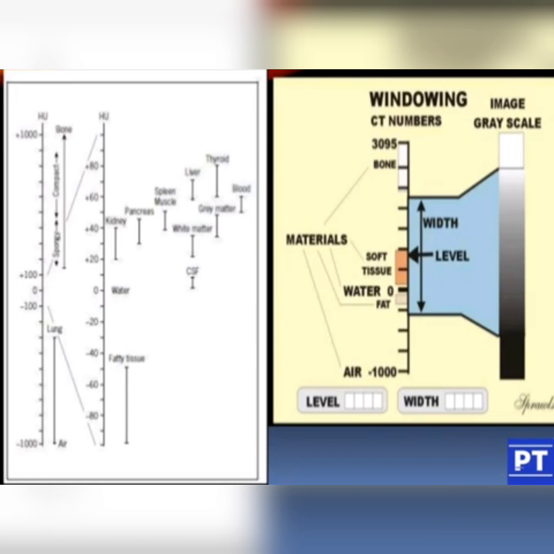You can see the window width of kidney, pancreas, spleen, white matter, CSF, liver, gray matter, thyroid and blood, all coming under plus. So it is clear that soft tissues come under plus HU, and air and fatty tissues come under minus HU. From the second image also, you can understand the window level, window width, center and gray scale.